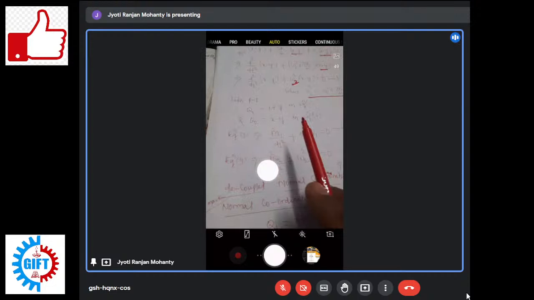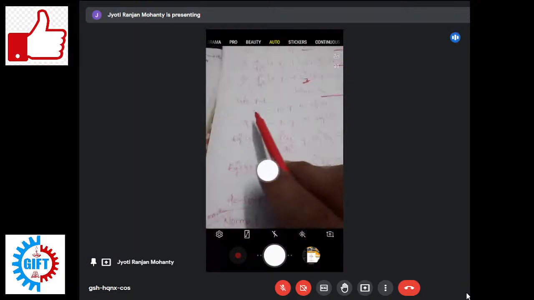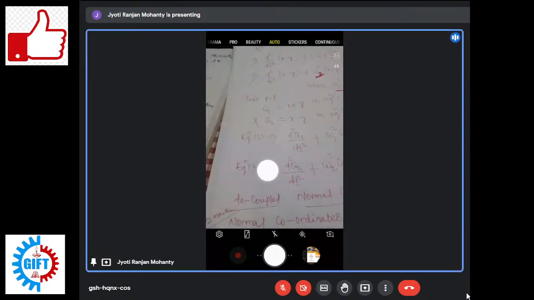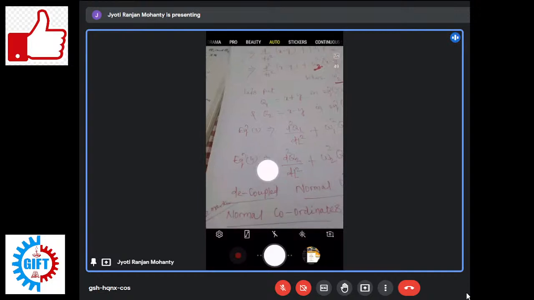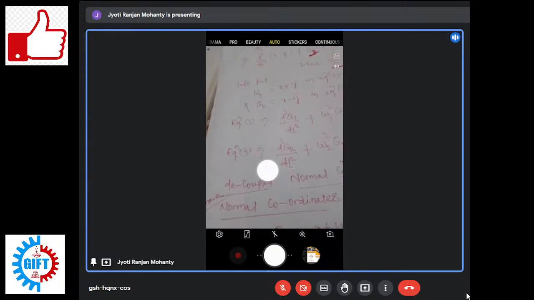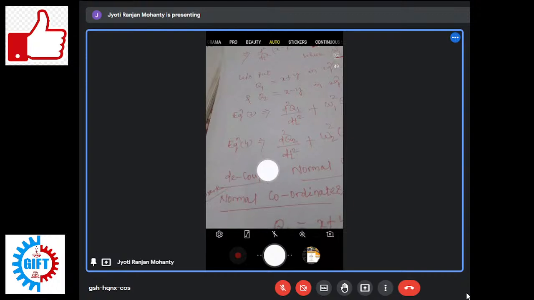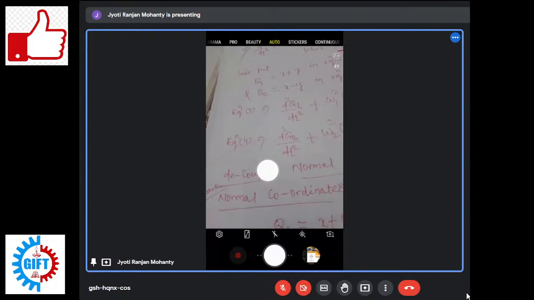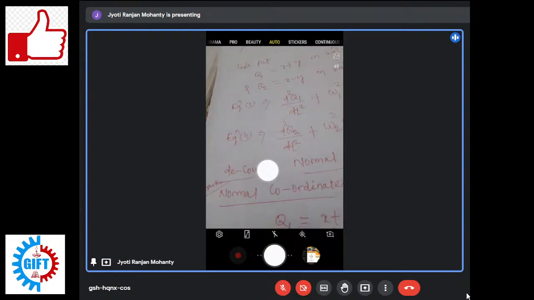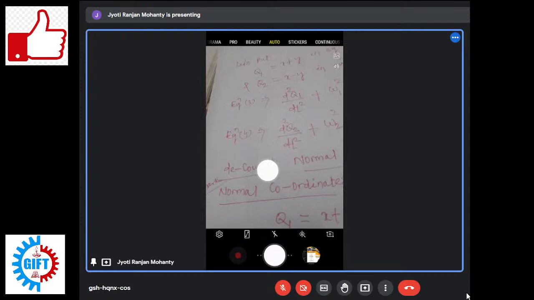We have taken Q1 is equal to X plus Y and Q2 is equal to X minus Y. If the question asks to define normal coordinates, we can write: the coordinates which are linear combination of the original coordinates X and Y are called normal coordinates.